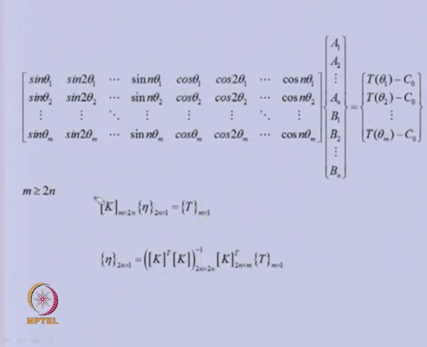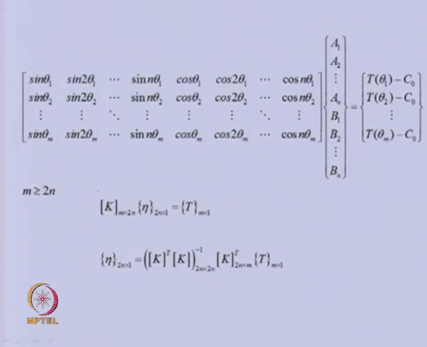And if m is not equal to 2n, it is greater than 2n, then this K matrix will be a rectangular matrix. So, in that particular case, obviously, if we want to know nu, we need to invert the K matrix, but a rectangular matrix cannot be inverted directly.